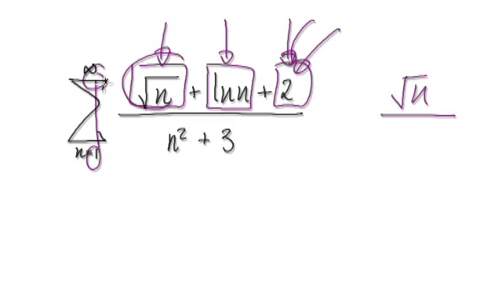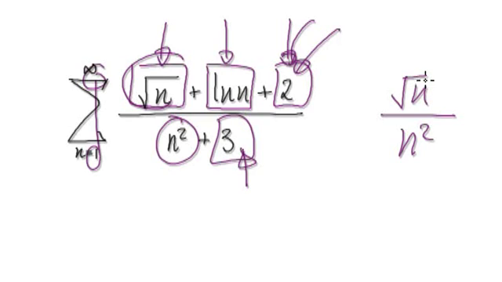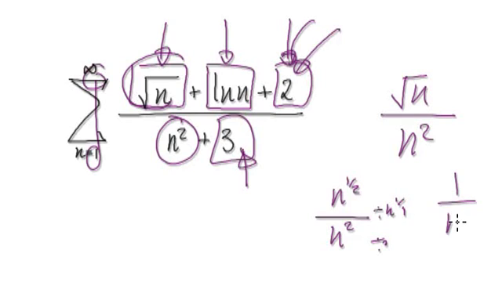In the denominator, you're adding a negligible amount, so it's just going to act as n squared. If you tidy this up, you can imagine this as n to the power of half over n squared, and then divide top and bottom by n to the power of half. That would give you 1 over n to the power of 3 over 2.